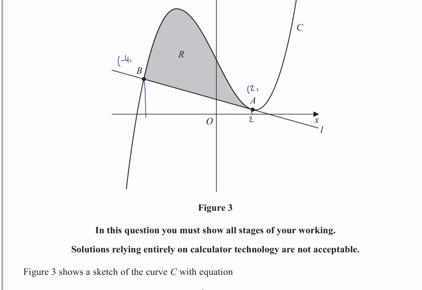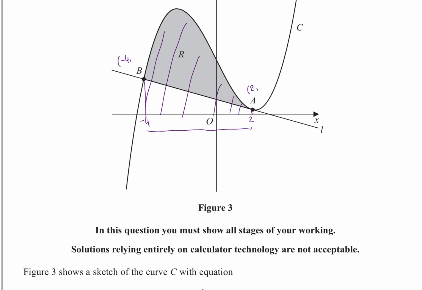Now that we have done parts A and B, we need to find the area. This is minus 4 and this is 2. When we integrate the equation of the curve within the region minus 4 to 2, the area we get is this entire area.